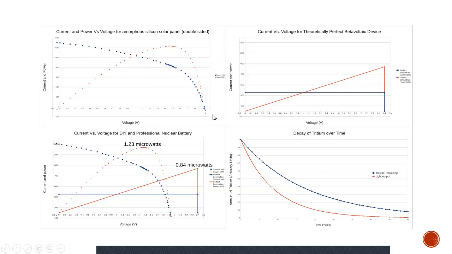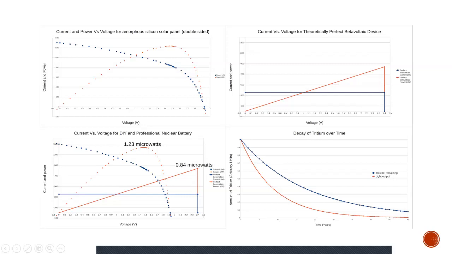And this is the current versus voltage graph for a professional nuclear battery, or the ones we can actually make at home or in our labs to experiment. So for the perfect betavoltaic cell, we'll have around 1.23 microwatts and 0.84 microwatts, and for the ones that we will be making, we'll get around 1.23 megawatts.